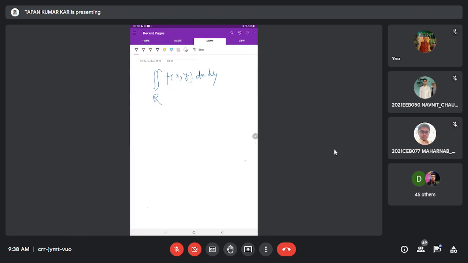It is the multiple integral of the function f(x,y). Suppose the region R is this region. If instead of this, the question is to find the area of the region R, then how will you evaluate the area of the region R?